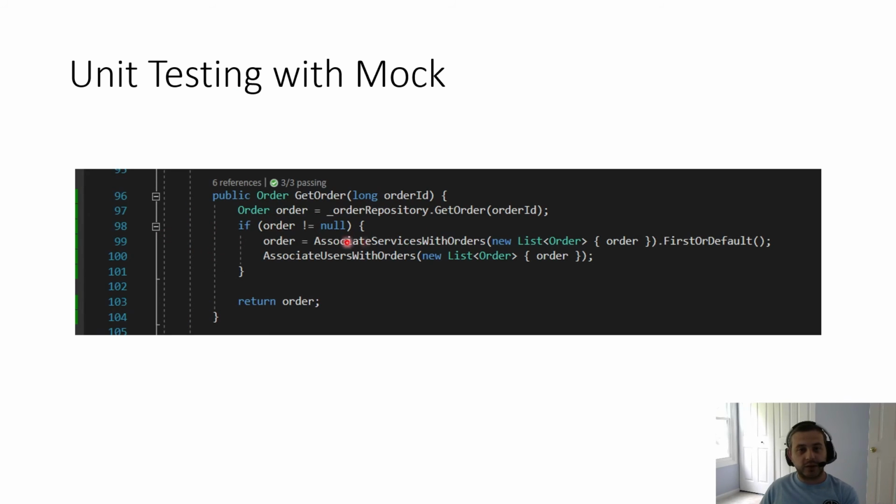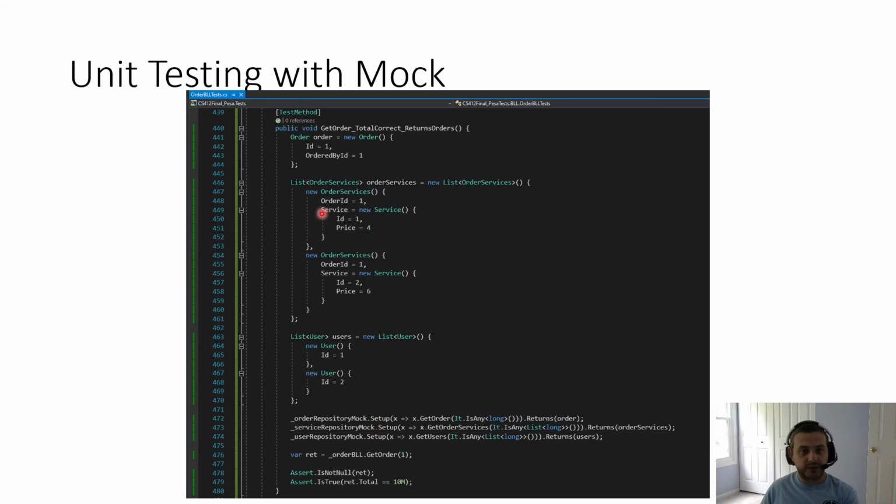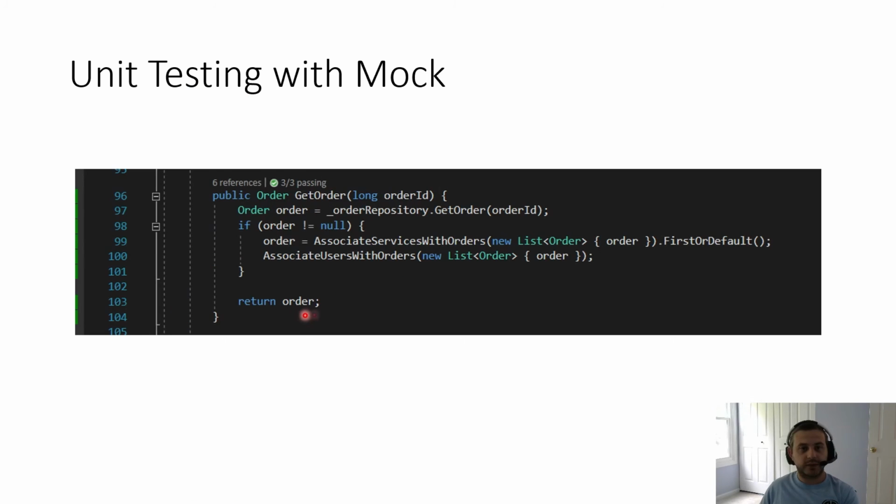And then it's going to execute this function, which is associate services with orders, which is going to call this repository right here, and this function within that repository, the get order services. And it's going to return a mocked list of objects. And then it's going to assign those services to this order.